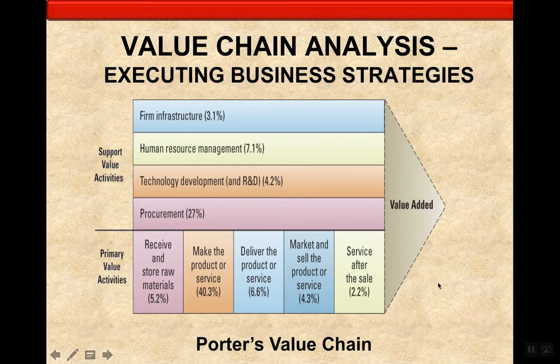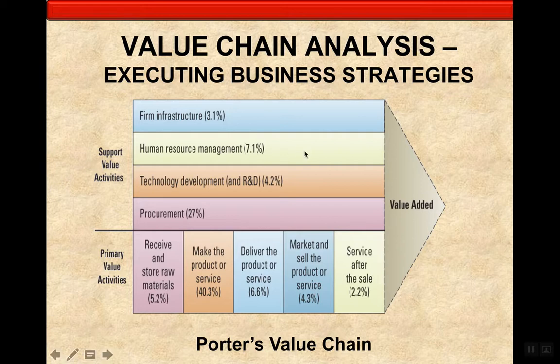Everything else that a company has is described as support. For example, the firm's infrastructure, all of the physical infrastructure that has to be established and maintained, is considered a support activity.